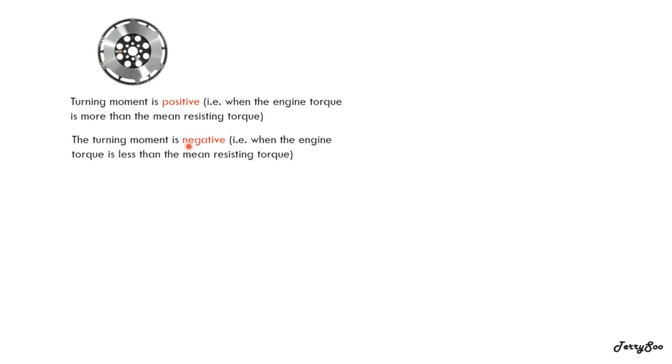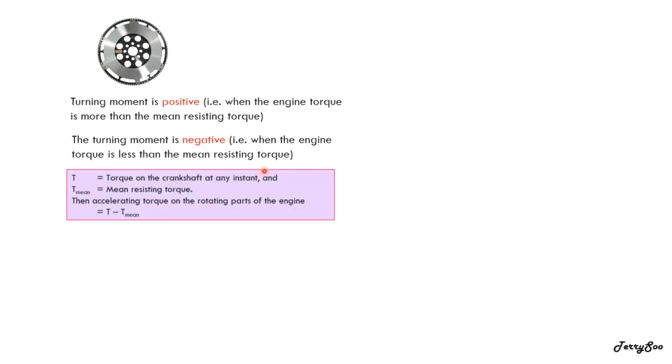Then the turning moment would be negative when the engine torque is less than the mean resisting torque. We use the symbol T for the torque on the crankshaft at any instant, the torque transmitted, and T mean as the mean resisting torque.